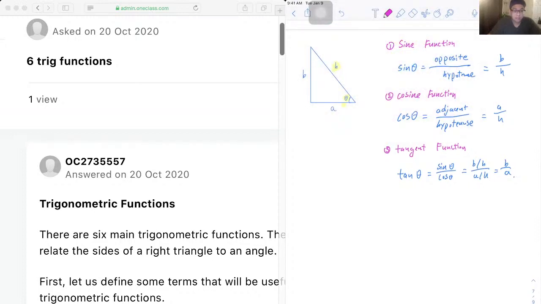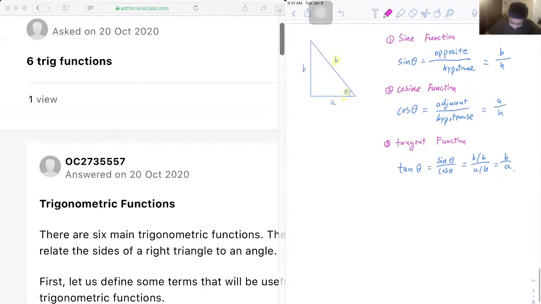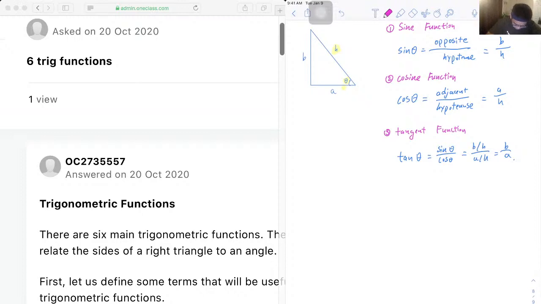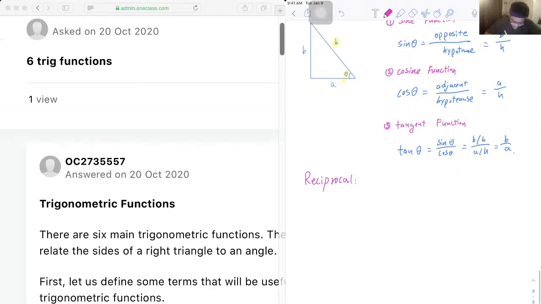And then the last 3 functions are just the reciprocal of these 3 functions. So reciprocal. Okay. So let's count. Number 4 will be the cosecant function.